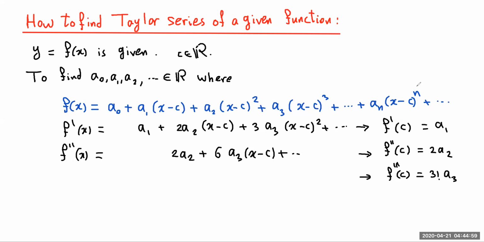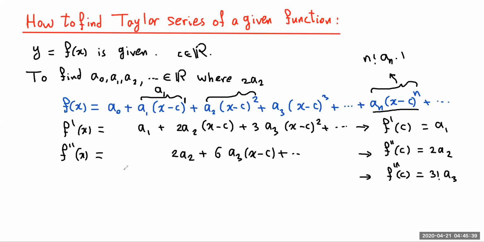So if we take the derivative n times of only this term, it will be n factorial an times 1. Because if I take the first derivative of this term here, it will give me a1, because I have power 1. And if I take the derivative 2 times of this term, it will give me 2a2. So if I take the derivative n times of this term here, I will have n factorial an times 1.